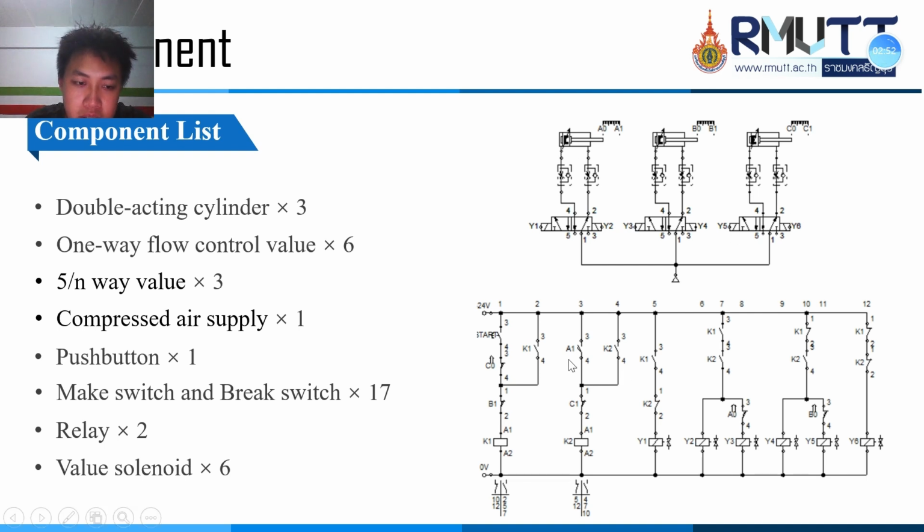We need a push button named start, and we need 17 make switches and break switches, and two relays named K1 and K2, and six valve solenoids. You can see in the 5/2-way valves they are named Y1, Y2, Y3, Y4, Y5, and Y6.